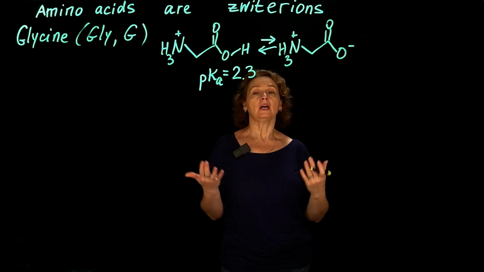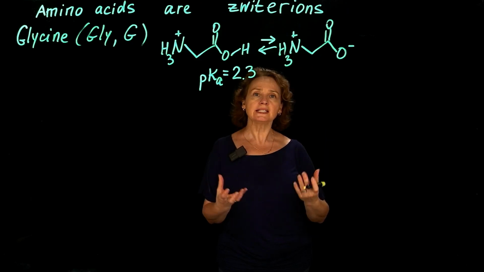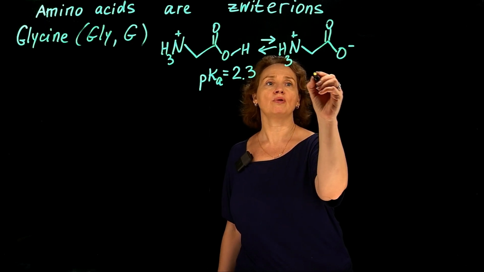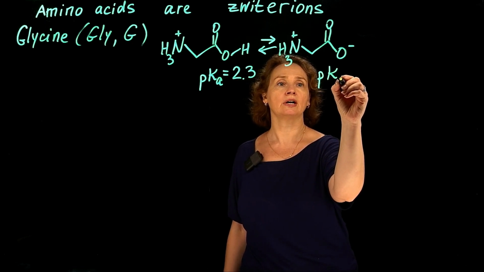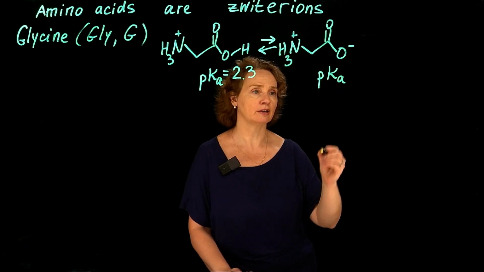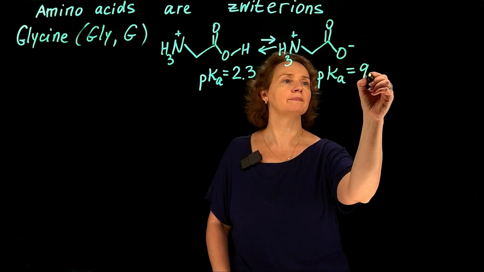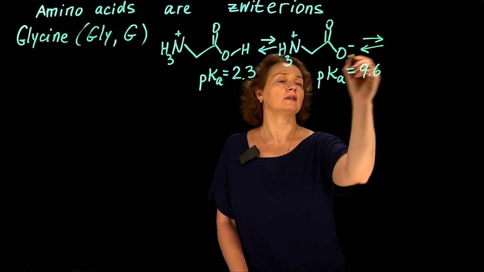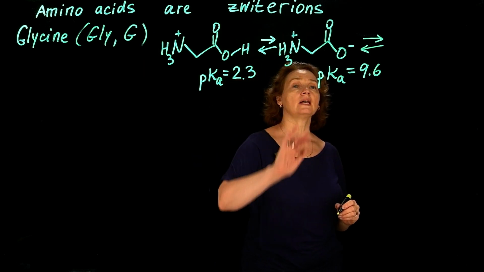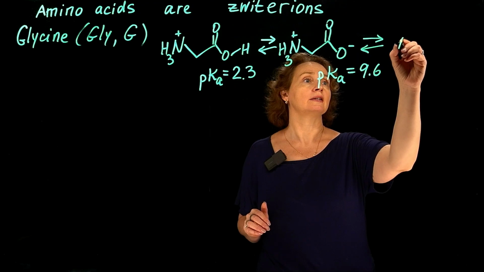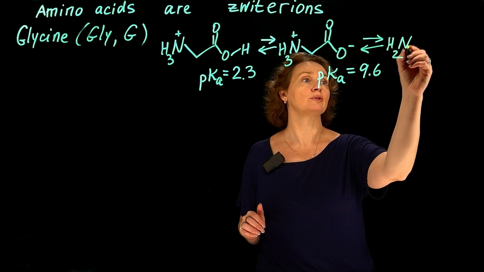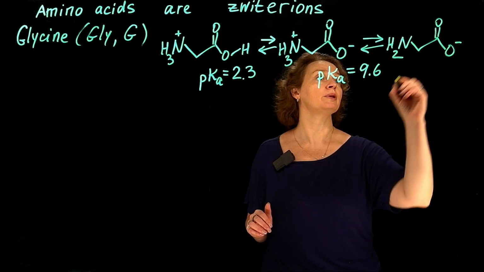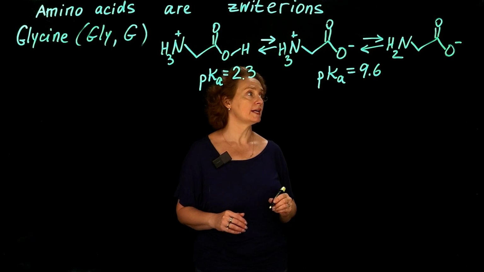So now if we start increasing pH even further, and the pKa for the amino group is around 9, actually 9.6, then you will start deprotonating the amino group, and the last form of glycine that we need to draw would be the one having both amino group and carboxyl group deprotonated.